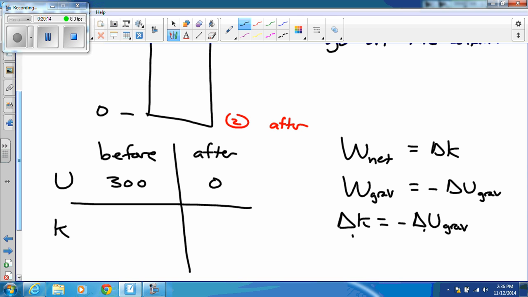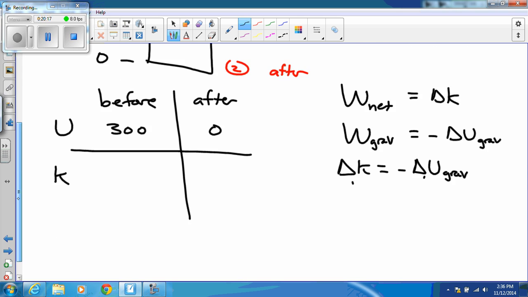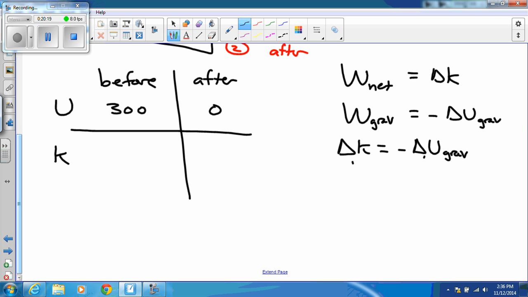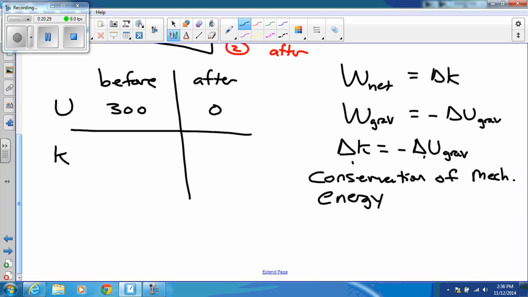And this is called the law of conservation of mechanical energy. For any force that has a potential function, the change in kinetic will be equal but opposite to the change in potential. We like to write it like this: the change in kinetic plus the change in potential adds up to 0.